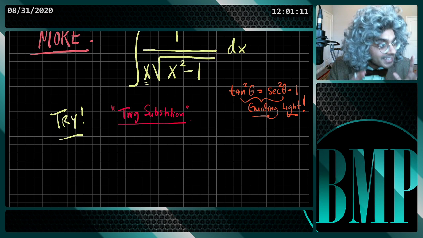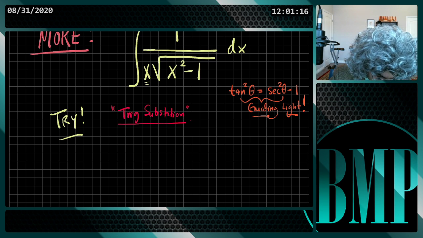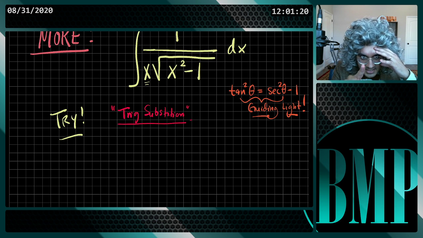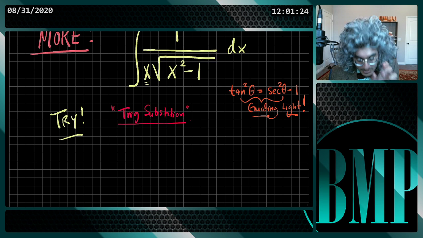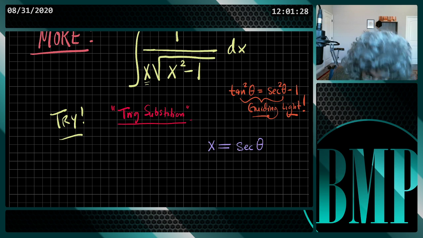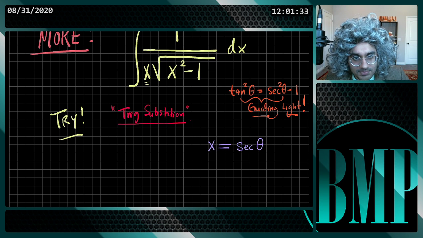We're going to do that, and what the light is telling me, my galaxy brain, is inflate x to look like secant theta. Just make it happen.